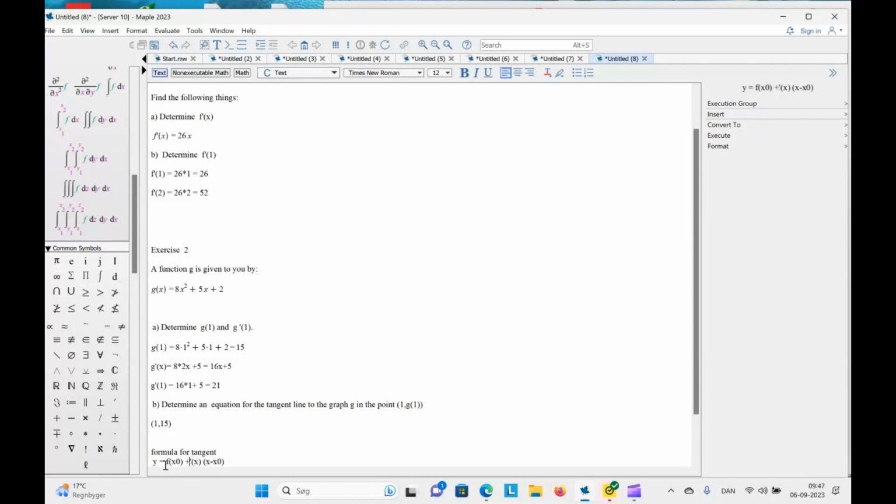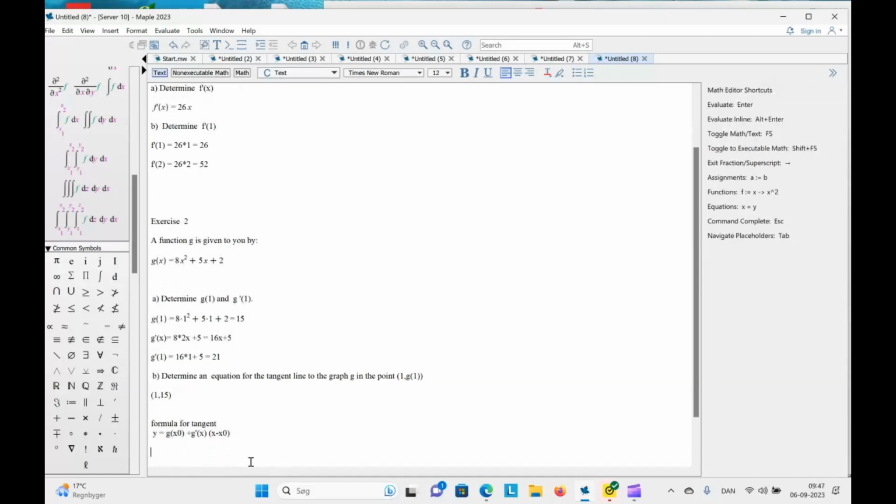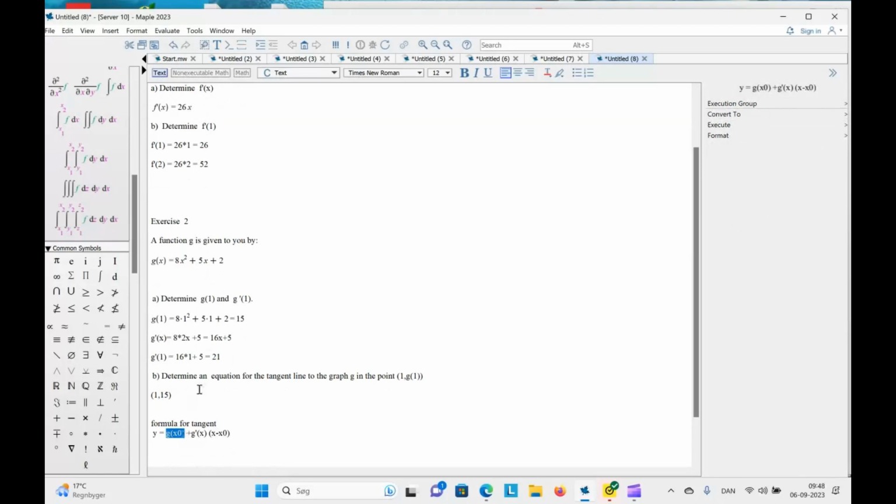Sorry, this is just the general formula to make sense. I'll call it T. And here we already have it, which are y equals g of 1, which is 15, plus 21 times x minus 1.